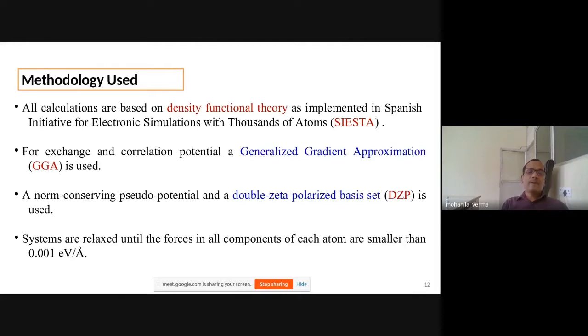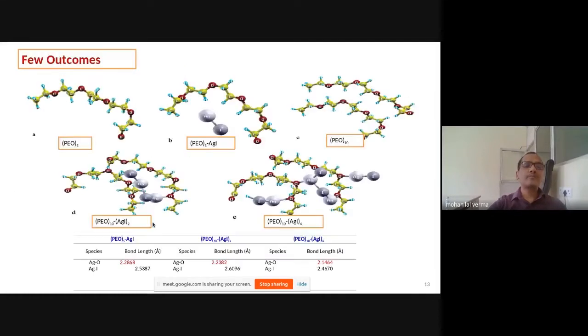And then the system is relaxed by our optimization method until the force on each component is less than 0.001 electron volt per angstrom.